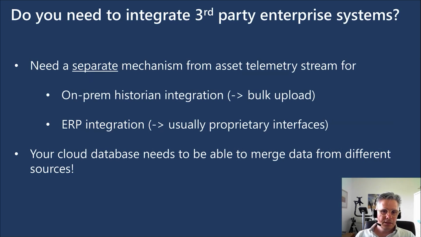Then the next one, do you need to integrate third-party enterprise systems? Most of the time that answer is yes, right? So you really need a separate mechanism for those additional asset telemetry streams. Historians are notoriously hard to connect to because they usually have a proprietary interface. Thankfully, there's OPC Foundation partners like Matricon and Softing that have connectivity software for those proprietary interfaces.